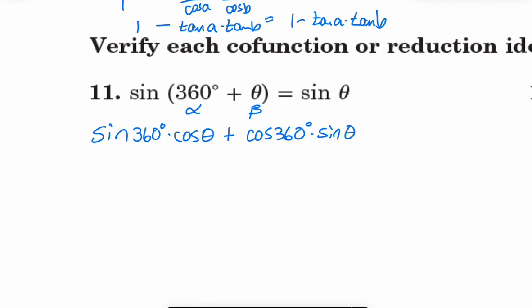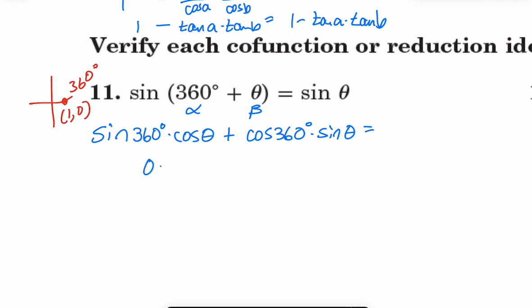Now what we're going to do is think about 360 on our unit circle. That is the point 1, 0. So now you're going to have to show what you're replacing.